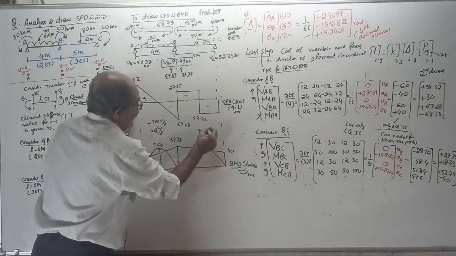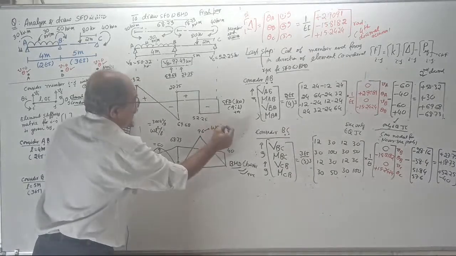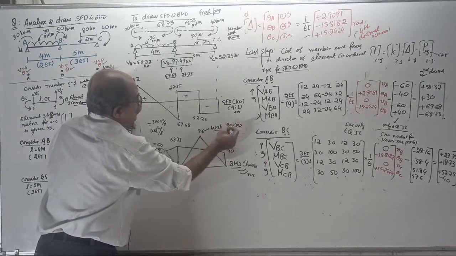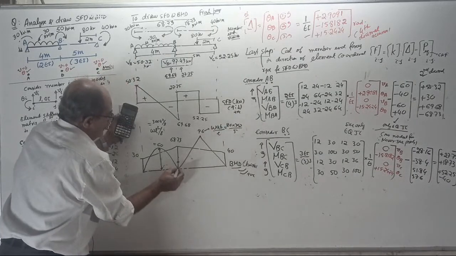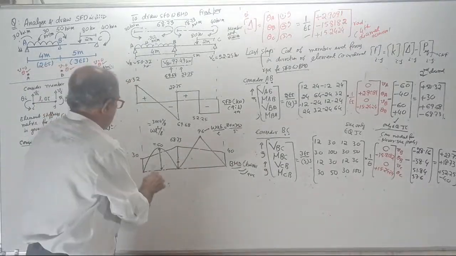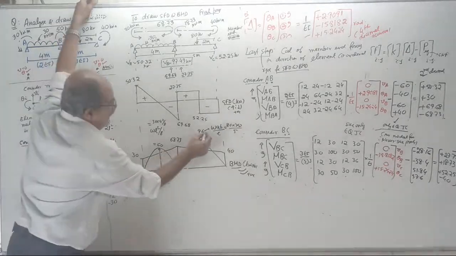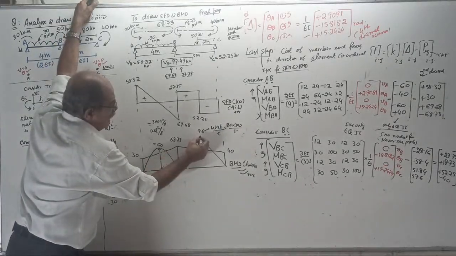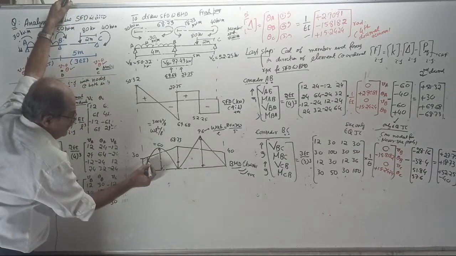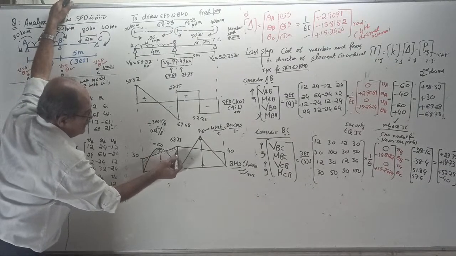Remember, the simply supported BM diagram is positive and the end moment diagram is negative. So this 96 is from here up to here. Whichever is overlapping will get cancelled.